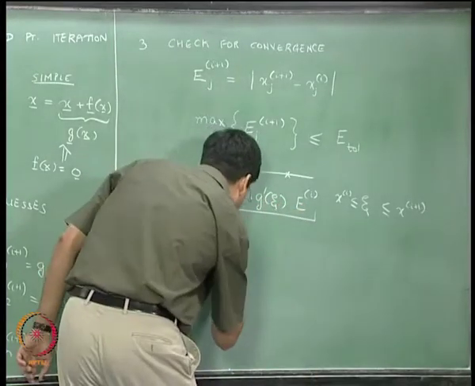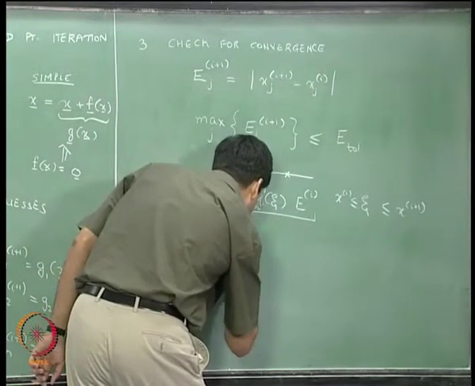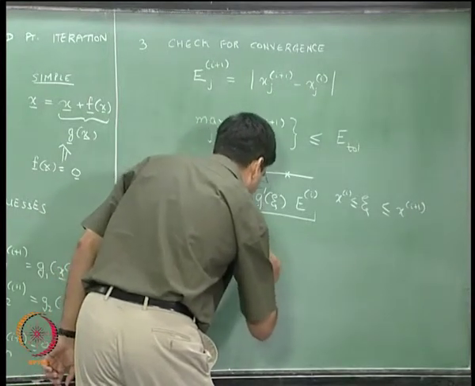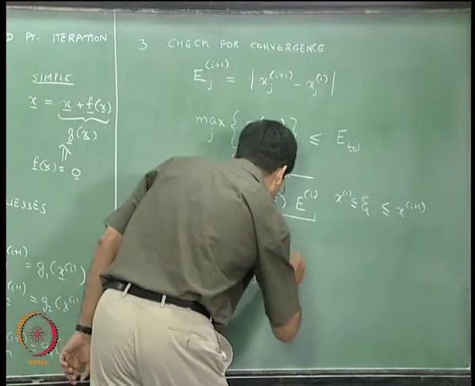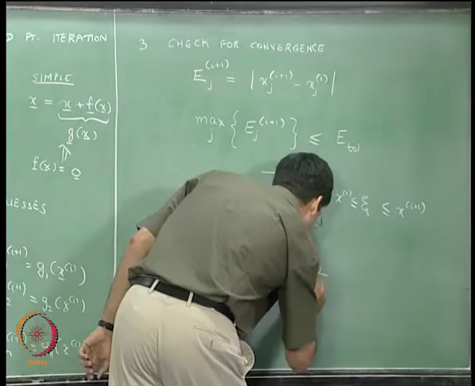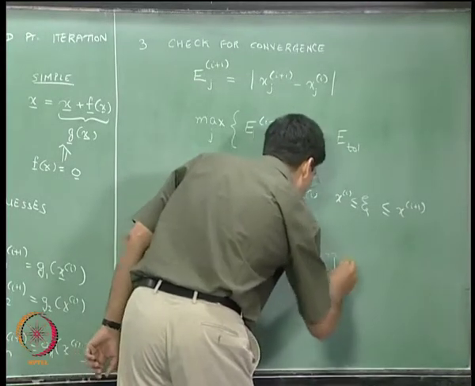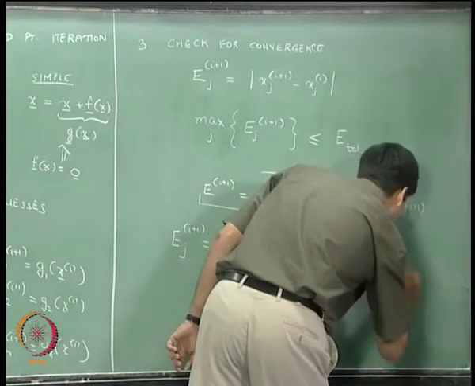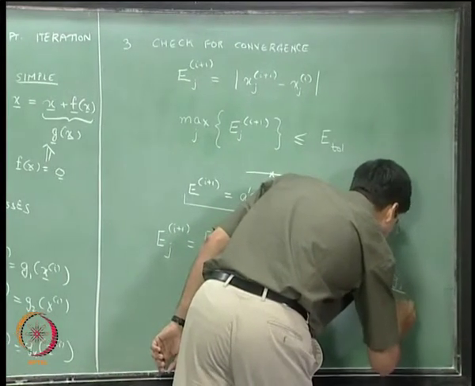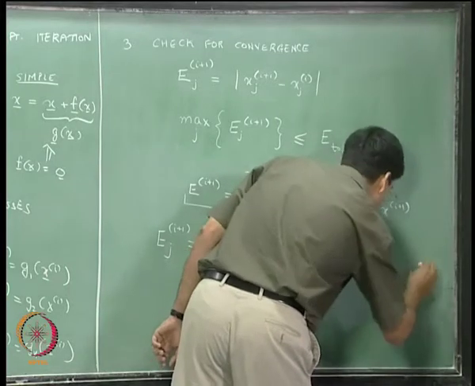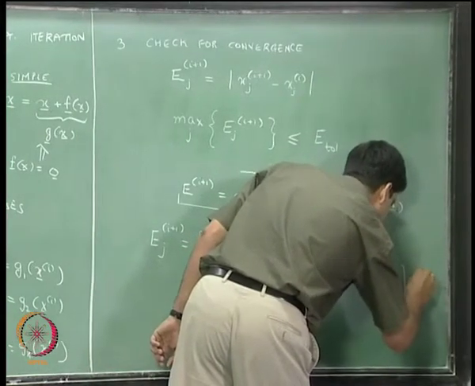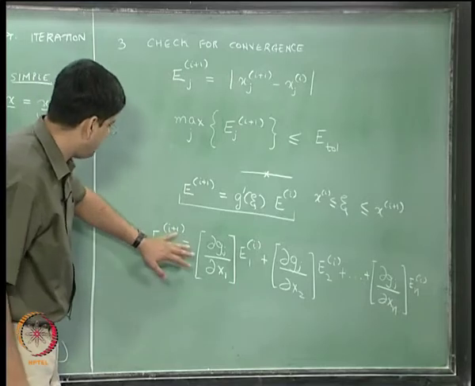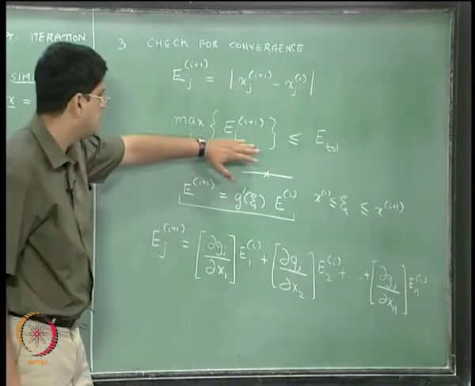So we will have partial g_j by partial x1 multiplied by e_i1, plus partial g_j by partial x2 multiplied by e_i2, and so on up to partial g_j divided by partial xn multiplied by e_in.